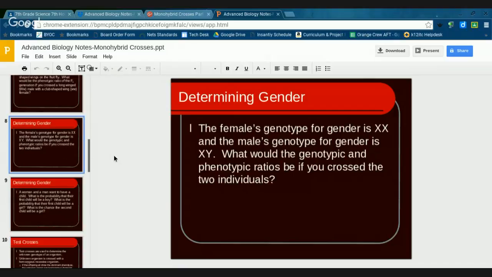So in this case, you've got your top two kids would be female, and the two bottom kids would be males. So this is why you have a 50-50 shot of having a boy or a girl.